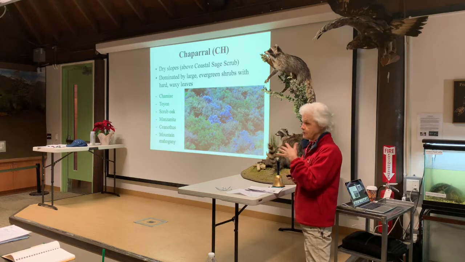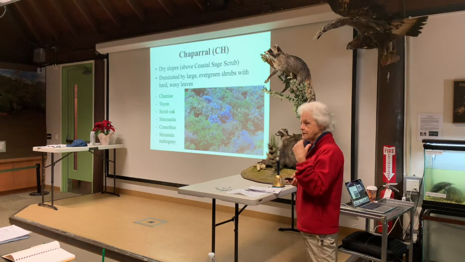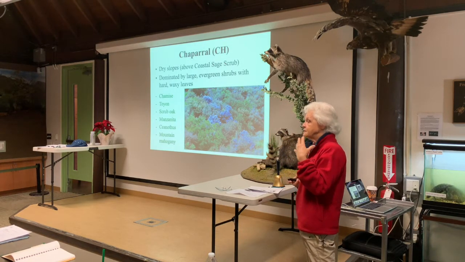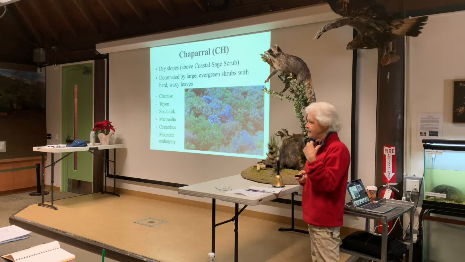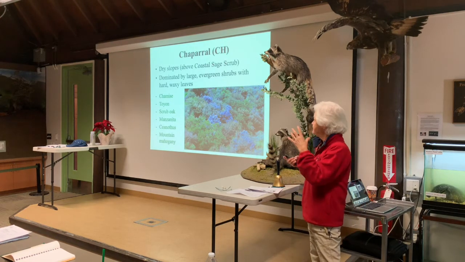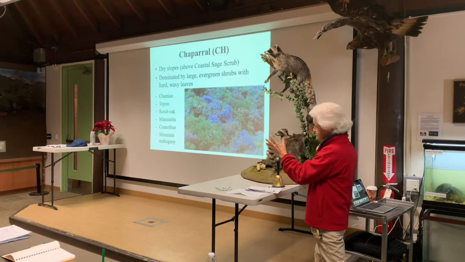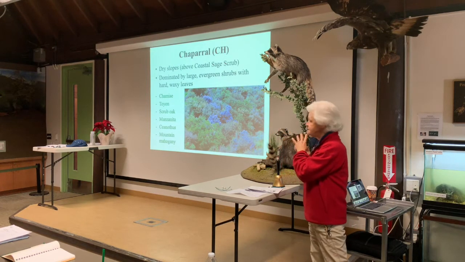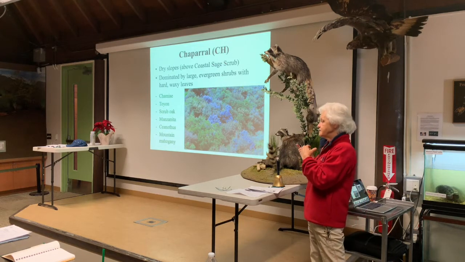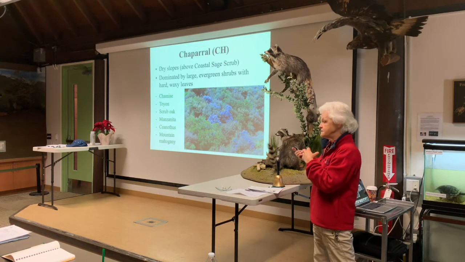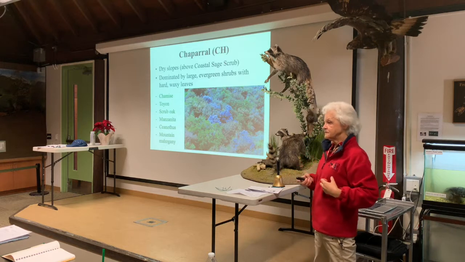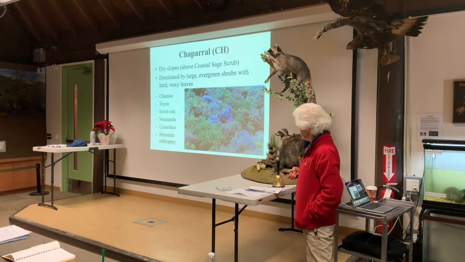We have chaparral all over California, and there are different types of chaparral, but they are all large evergreen shrubs with hard, waxy leaf, and the difference is in the composition of the shrubs.